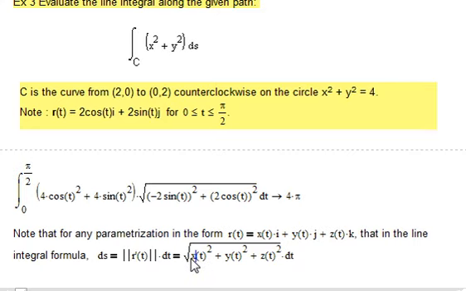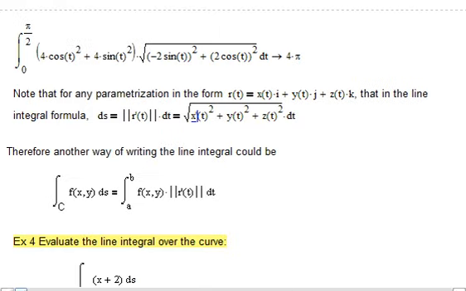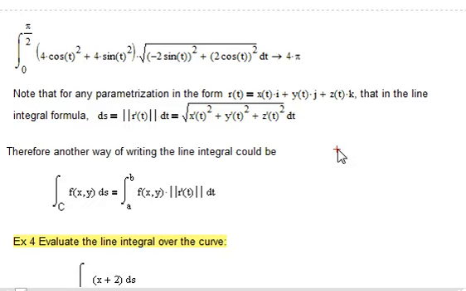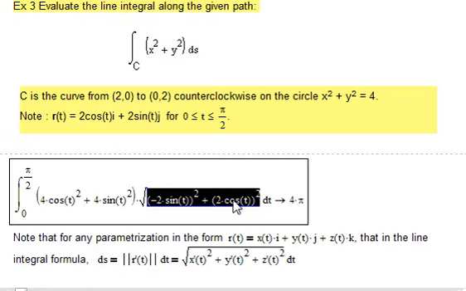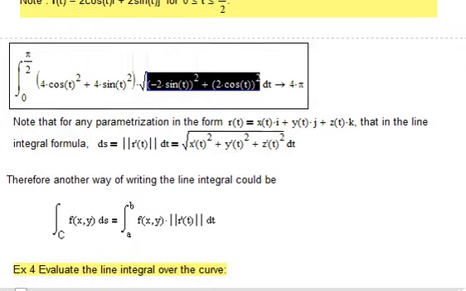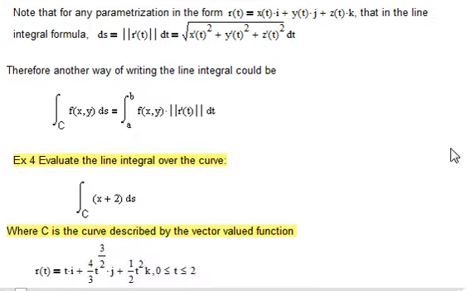It should be x prime of t squared, plus y prime of t squared, and z prime of t squared. There. So that should show up properly, just like we did the same thing when we filled in this ds. Okay.